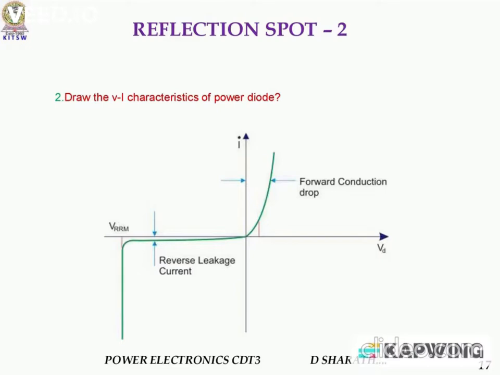You have to analyze what is the forward conduction drop, what is the reverse leakage current, what is TRR, the reverse recovery time, what is TA, what is TB. So you have to study all these characteristics of the power diode. You also have to know what VRRM is. This is one of the important points in this PPT.